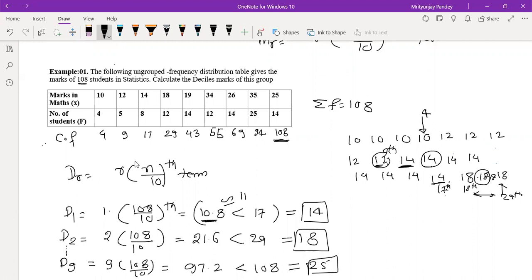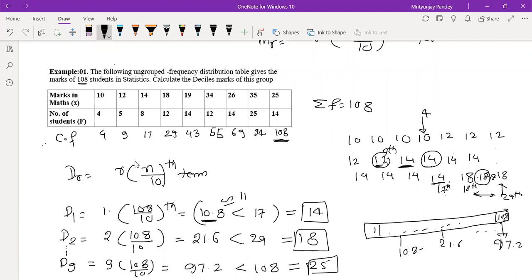Yes, sir. मतलब पूरा आपका जो डाटा है उसका लेंथ कितना है? 1 से स्टार्ट होके कहाँ तक गया है ये टोटल? 108. यानी 108 नंबर ऑफ डाटा है, उसके आपको टोटल कितने पार्टीशन करने हैं? 10 इक्वल पार्टीशन करना है. तो फर्स्ट पोजीशन आपका आ गया 10.8, सेकेंड पोजीशन आ गया 21.6, ऐसे करके लास्ट पोजीशन इज 97.2.